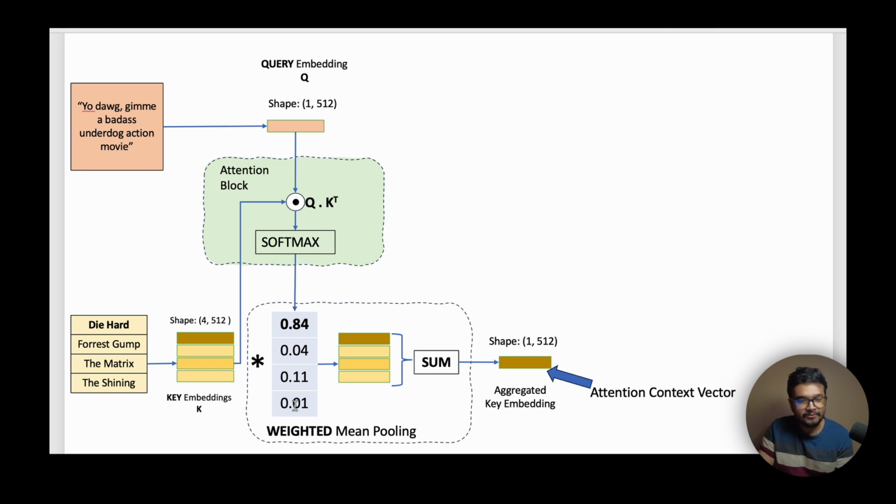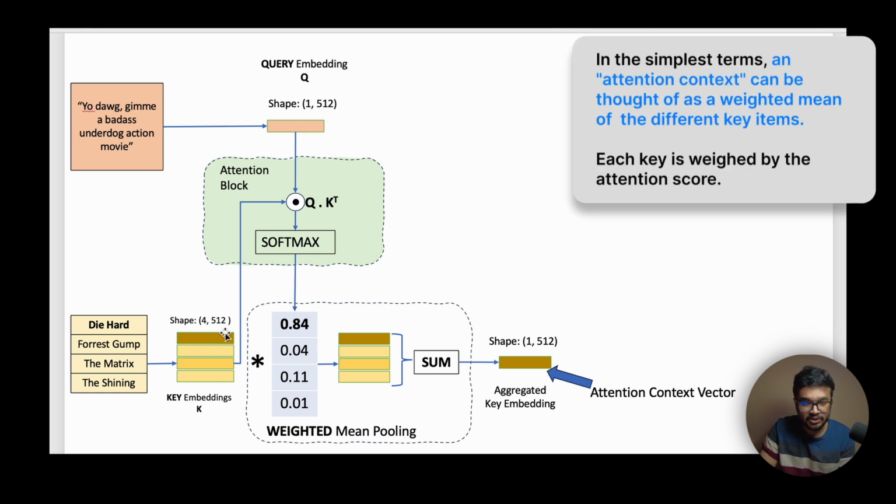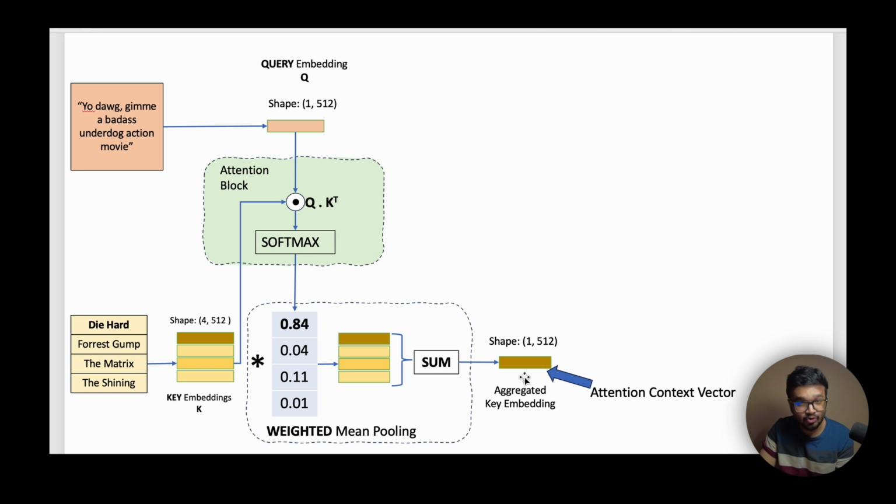Now here you have the weightage across all of your key vectors. Now what if you wanted to combine them to form a new vector which captures the amount of context each item has given to the query? If you just do a weighted mean, which basically means that the embedding of Die Hard gets multiplied by 0.84, the embedding of Forrest Gump gets multiplied by 0.04, The Matrix gets multiplied by 0.11 and all that, and then those scaled vectors get summed together to generate a new vector.